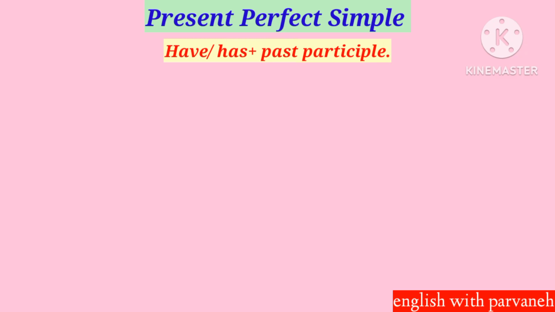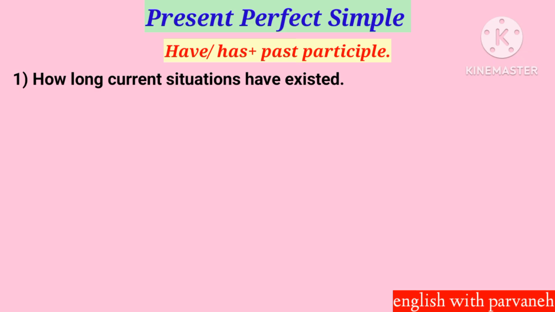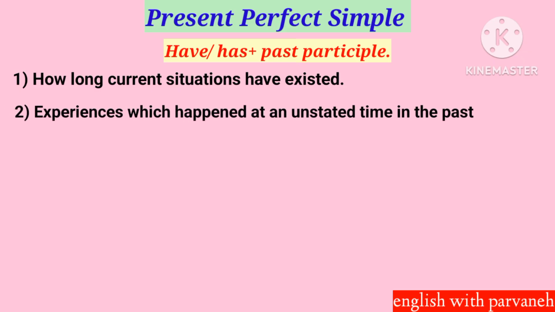First, present perfect simple. The structure is have, has, plus past participle of the verb. And we use the present perfect simple to talk about, number one, how long current situations have existed. Number two, experiences which happened at an unstated time in the past.